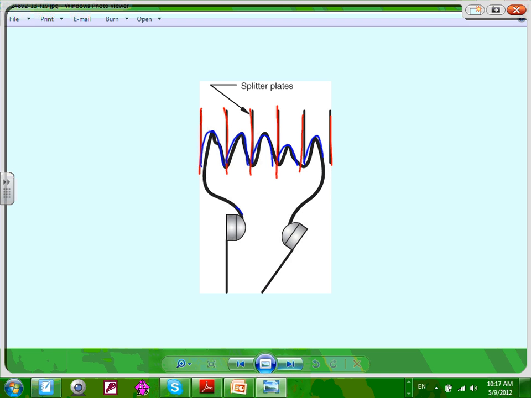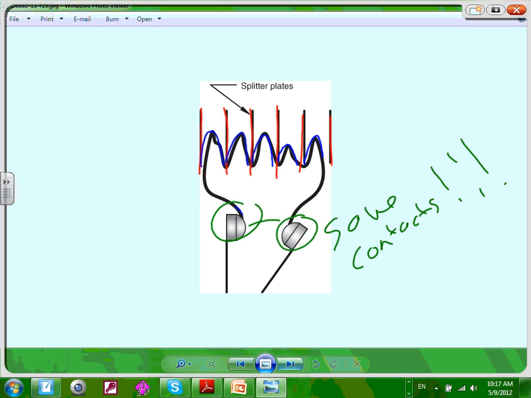By putting this technology, the smart people discovered that they can extinguish the arc faster, better, and the goal is always to save these. Save contacts. Right? That's the whole idea. So see how they shifted the arc away from the contacts and they split the arc so they can control it and extinguish it. That's a technology that they use with thermomagnetic and others too. So it's attracted to the plates.